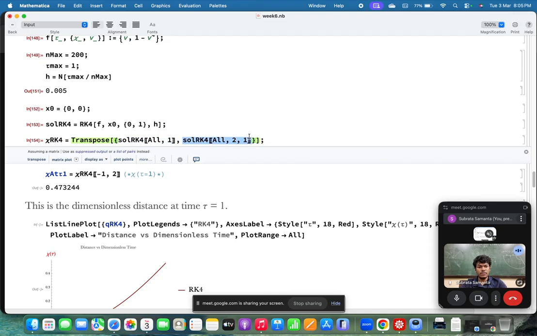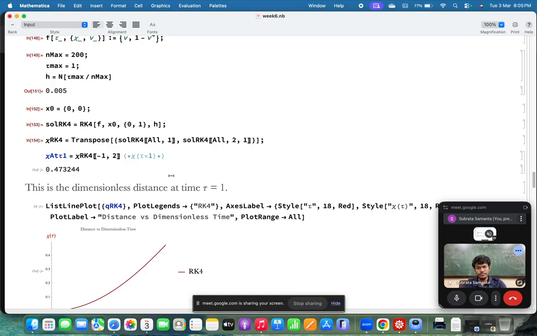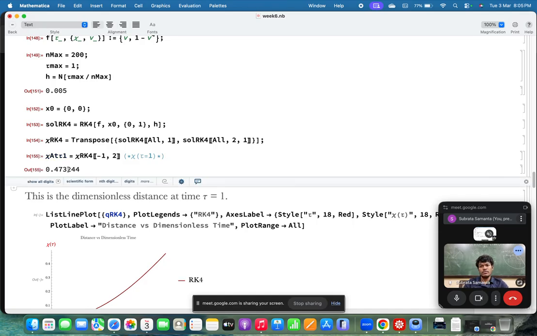So if you extract the values of chi at tau equals 1, that means you extract the values of chi at the last element in the array. So chi at tau equals 1 is 0.4732.